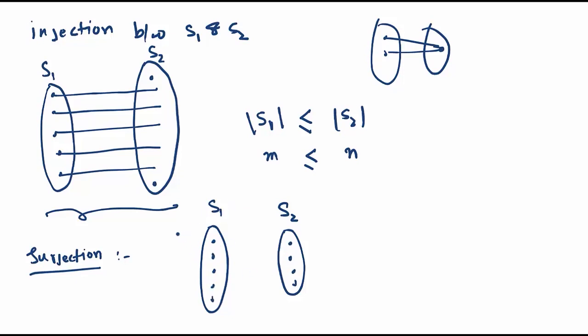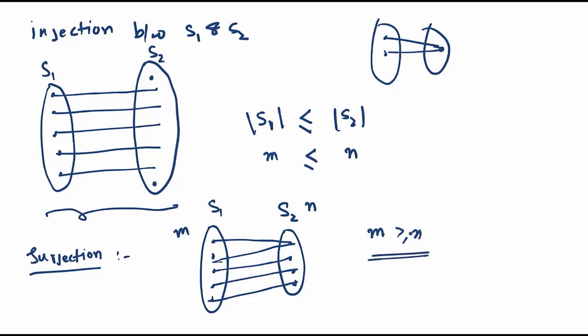We should not leave out any element in S2. So when can we say surjection is possible? Whenever M is greater than or equal to N, right? Then we can say surjection is possible.